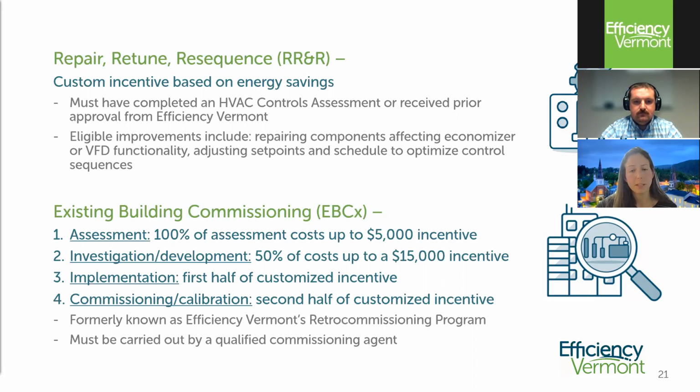The final step is commissioning or calibration, where the EBCX agent conducts functional testing to ensure that the improvement scope was implemented as intended, and writes up a final commissioning report. Once the report is shared with Efficiency Vermont, we'll pay out the second half of our custom incentive offer.